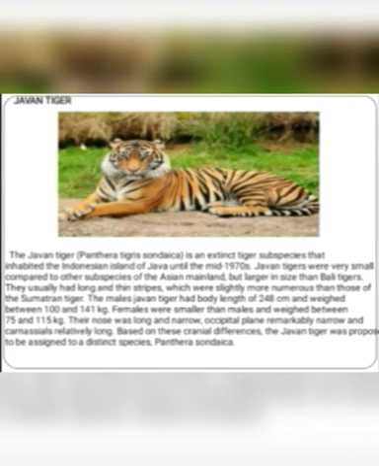Their nose was long and narrow, the occipital planes remarkably narrow, and the carnassials relatively long. Based on these cranial differences, the Javan tiger was proposed to be assigned to a distinct species, Panthera sondaica.